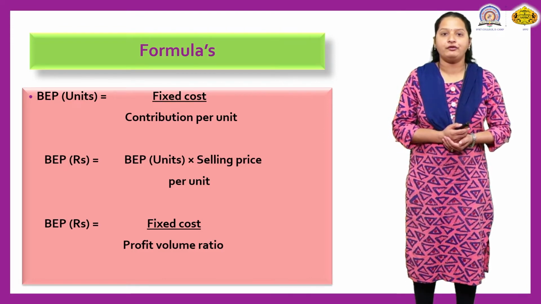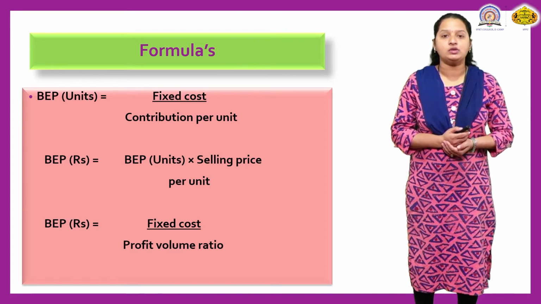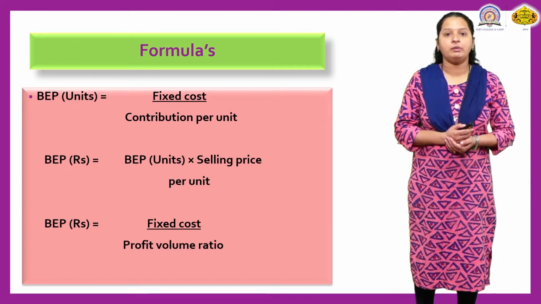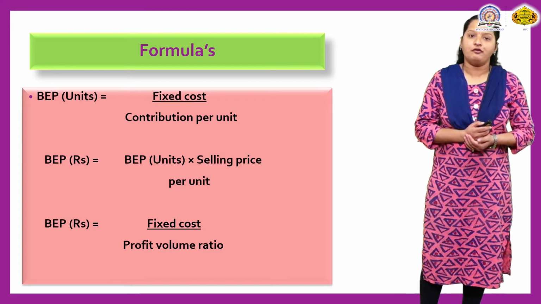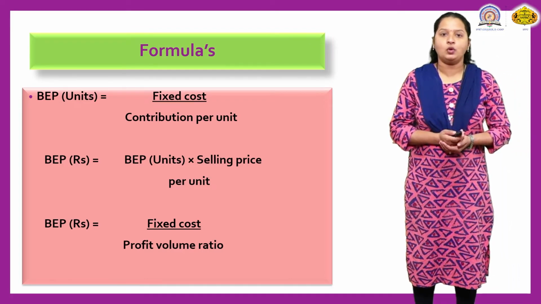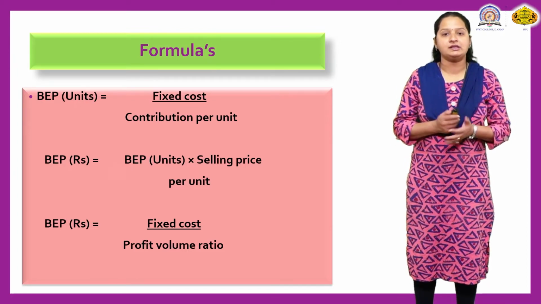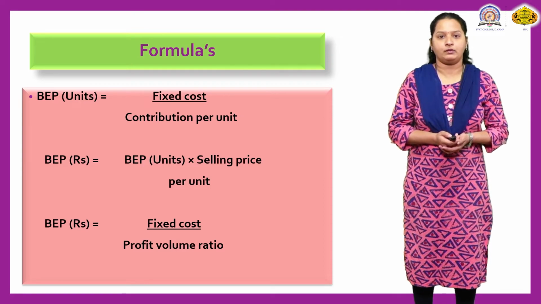Another way, if the selling price per unit is not given in the example, you can use the formula for calculating BEP in rupees, that is fixed cost upon PV ratio. So you have to check the formula according to the contents given in the example.